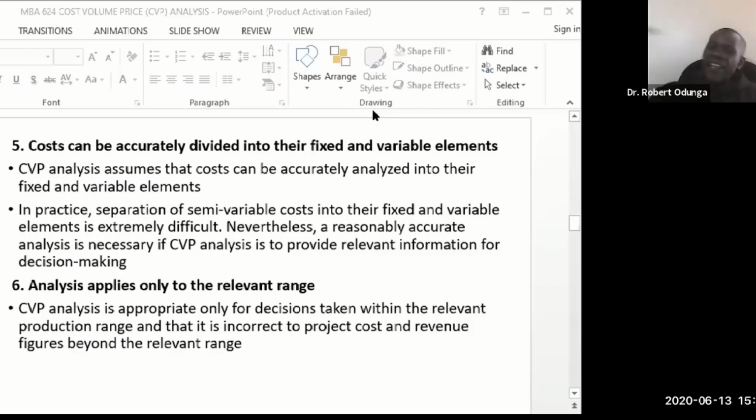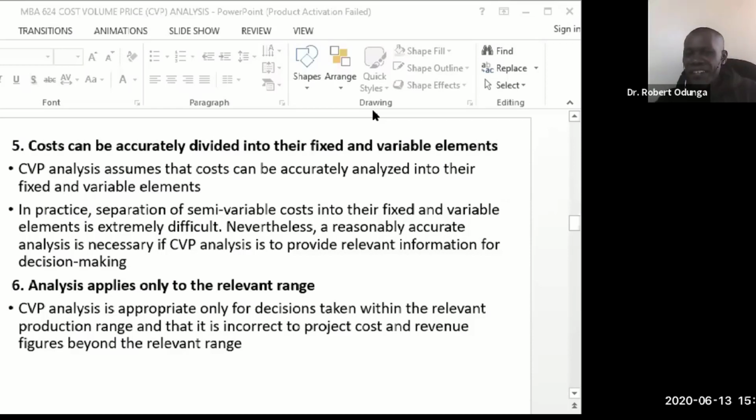And again, the fixed costs, they reach a point when they will also change. So the relevant range is the period when the fixed costs are still fixed and they do not change, because you cannot say you will continue producing forever without the fixed costs changing.